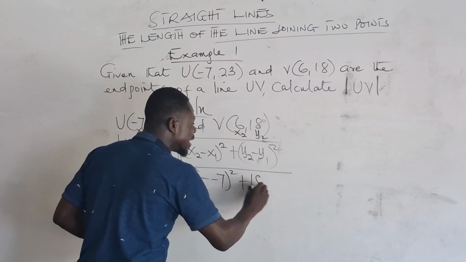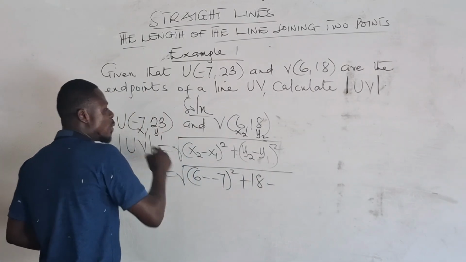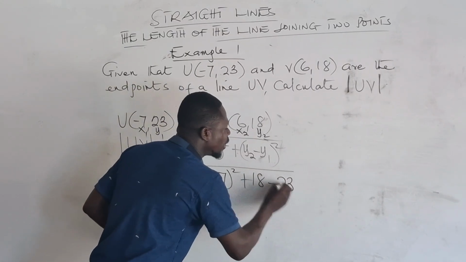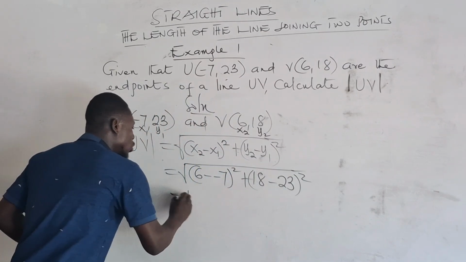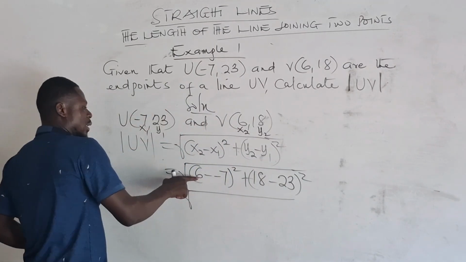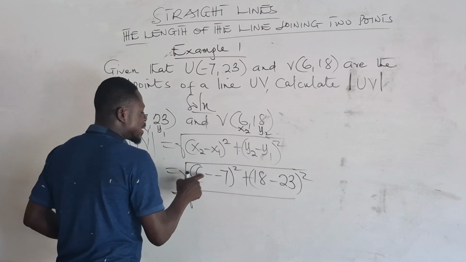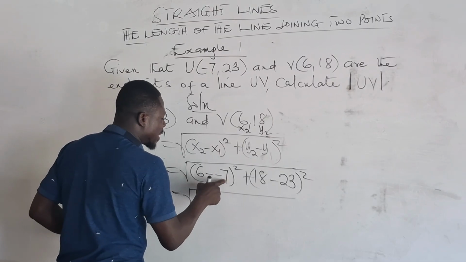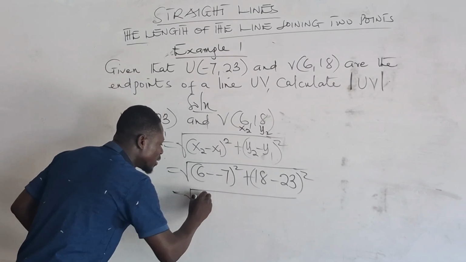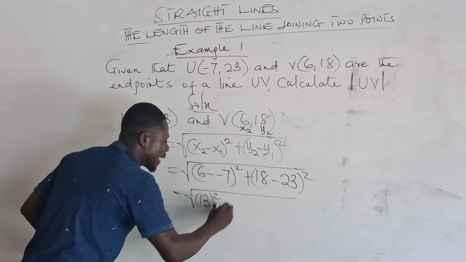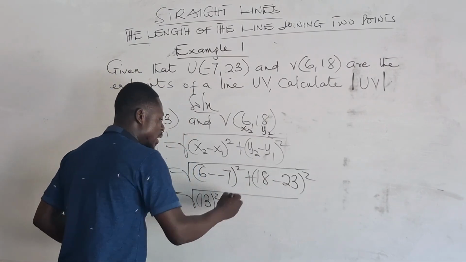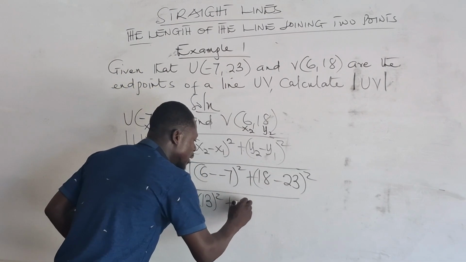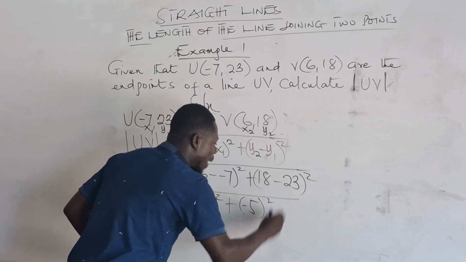So it will be 18 minus y1, which is 23, squared. So we will have 6 minus -7 will be 13. So we will have 13 squared plus 18 minus 23 will also be -5 squared.